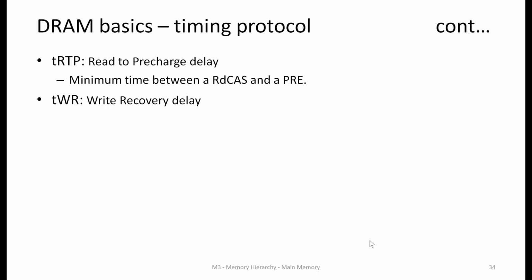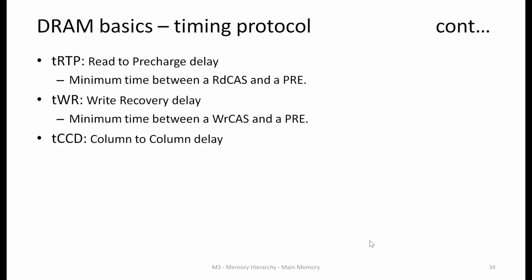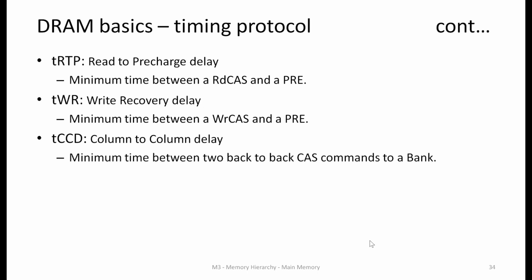TWR is the write recovery delay. This is the minimum time we need to wait to issue a precharge after we have issued a write cache. TCCD is column to column delay. This is the minimum time we need to wait to issue 2 back-to-back cache commands to the bank.